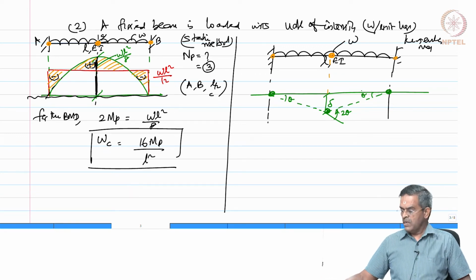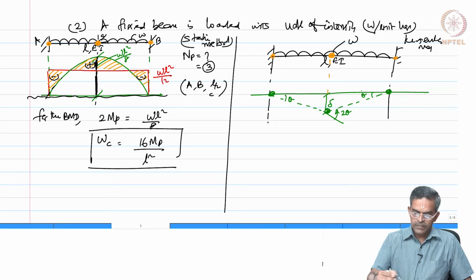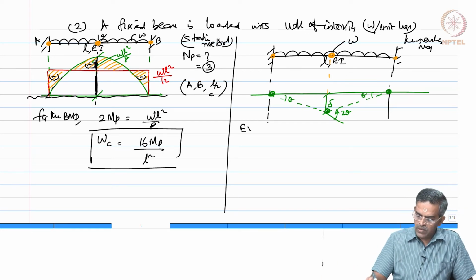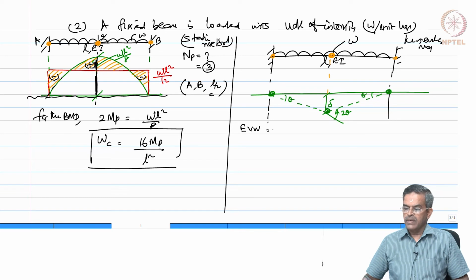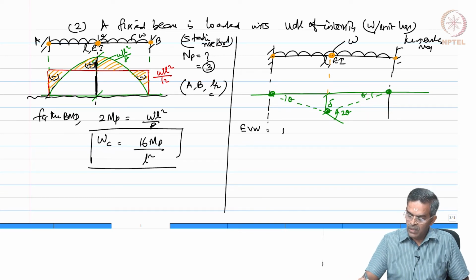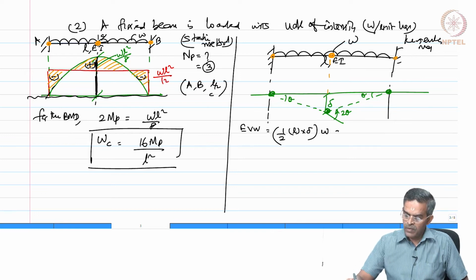Now, let us see what is the external virtual work. So, the external virtual work is done by the load on this area. It is nothing but if it is UDL, it is half into base into height into W, which will be WL del by 2.